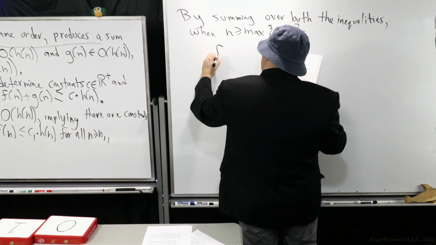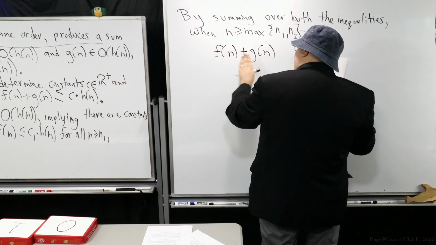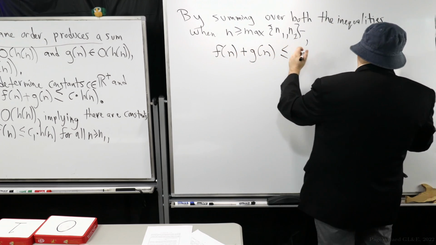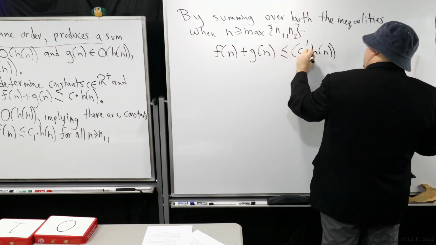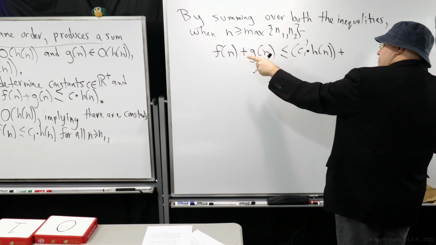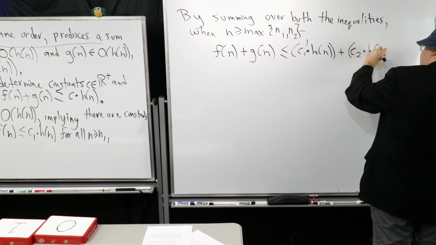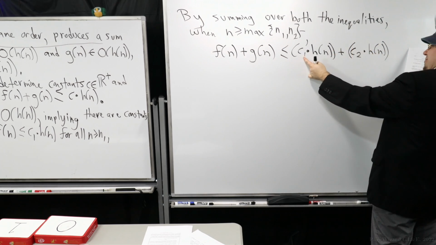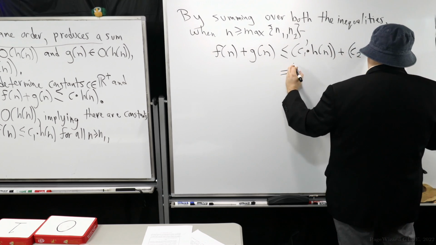Now I'm just going to sum over the two inequalities. We had one for f, one for g. Now I'm going to write their right-hand sides on this side here. That was C1 times h of n on the first inequality, the one relating to f of n. The second one involved g of n, so that's C2 times h of n. If you look at this carefully, you'd have C1 times this, C2 times this, but h of n is the same among both of them, so I'm just going to factor that.